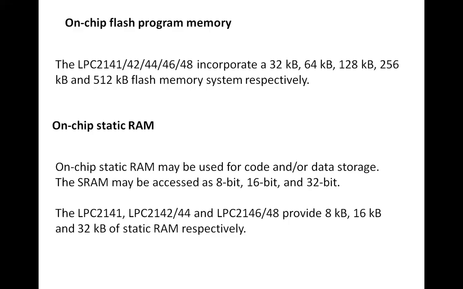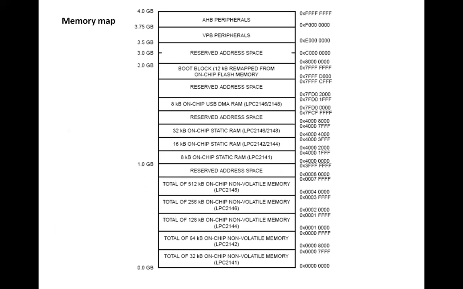You can see a memory map of this controller. You can see here about 4 GB memory will be available. Now this 4 GB memory is distributed in many sections, like volatile memory, flash memory, RAM. It depends on you. The entire memory is shown in this slide.